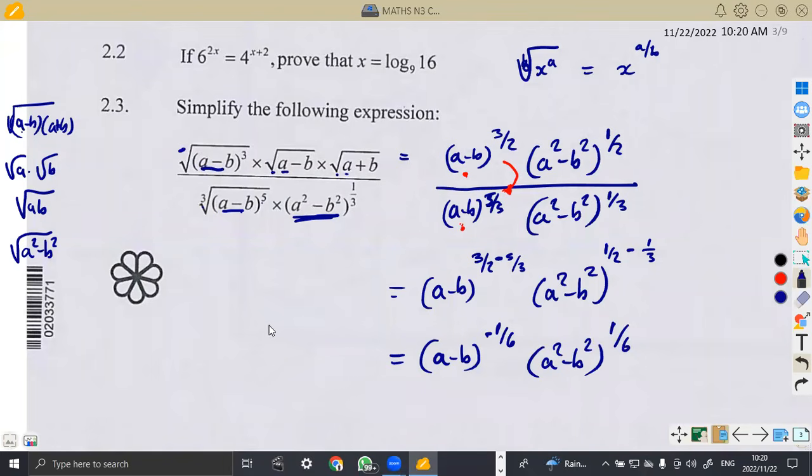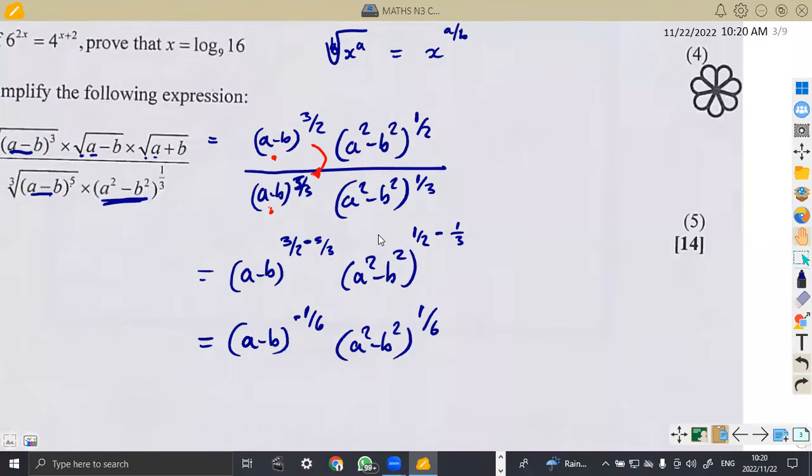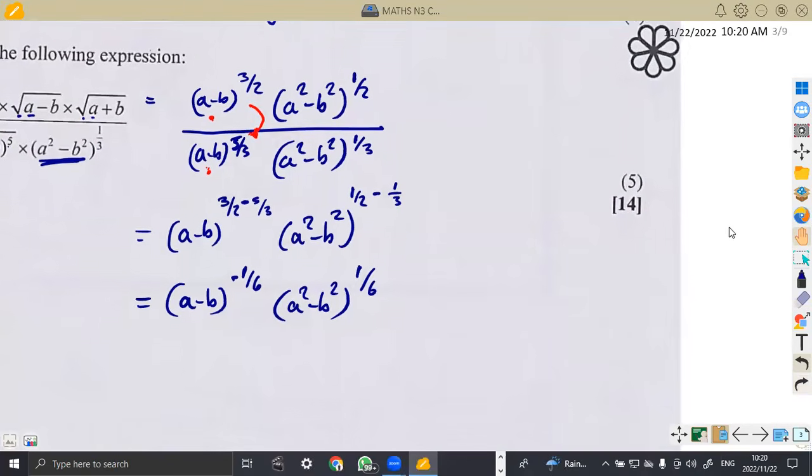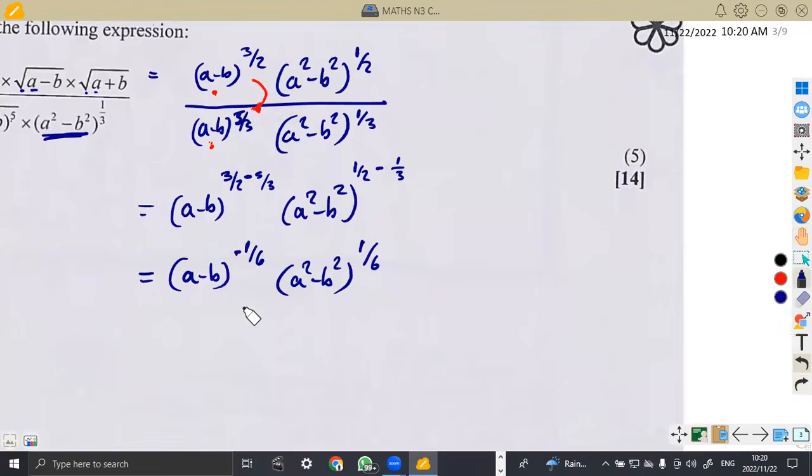Okay, so from this part, this is the part that we are actually having, the sixth root of this and also the sixth root of that. I want you to see the magic that was going to happen here. Let's move stage by stage. We can actually see that here there is a negative exponent, which we know is, let me take you back, x to the exponent of minus a is 1 over x to the exponent of a.